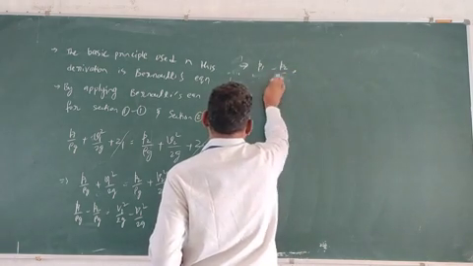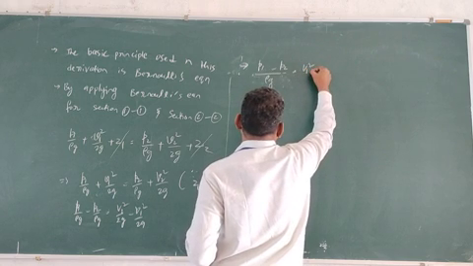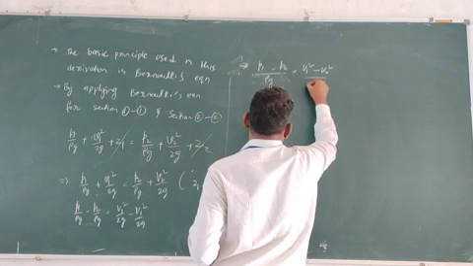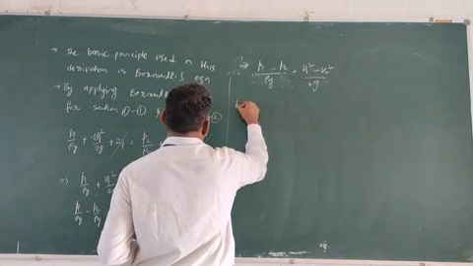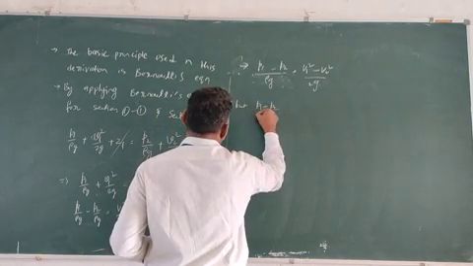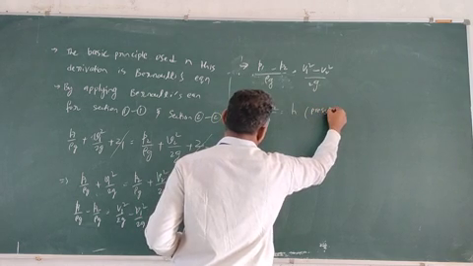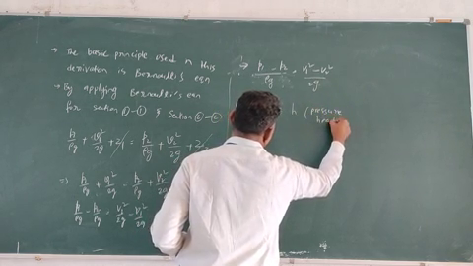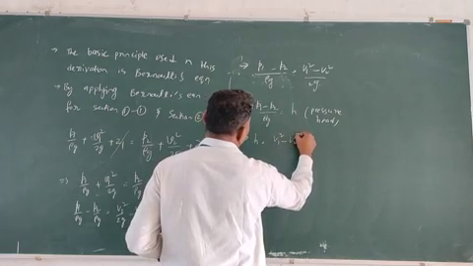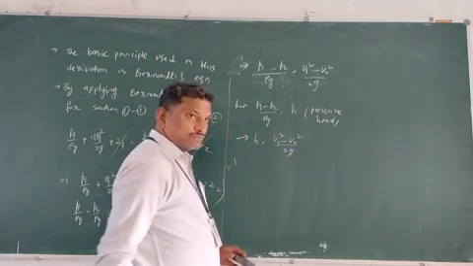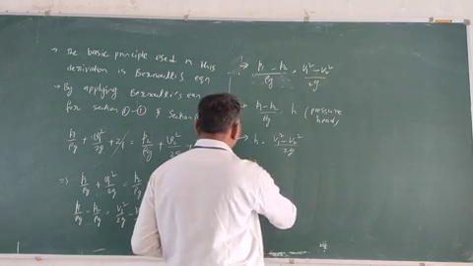Take the LCM. But P1 minus P2 by rho g is equal to H, the pressure head. Therefore, H is equal to V2 square minus V1 square by 2g.